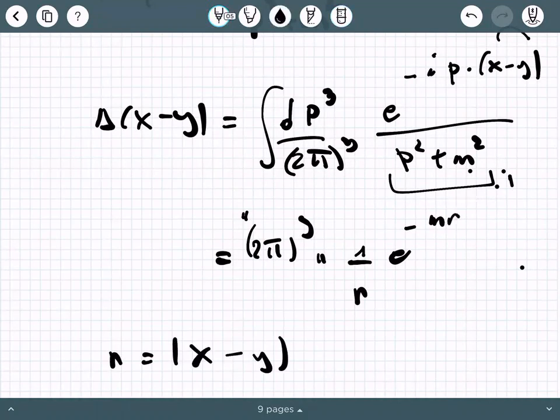So at least in 3D, this is easy. In 4D, you can calculate it, and it's a Bessel function of the second kind. And in 5D, you never need to do 5D. Why should you do 5D? But it's some kind of complicated function. The terms that are interesting are up to 4D, as far as I understand.